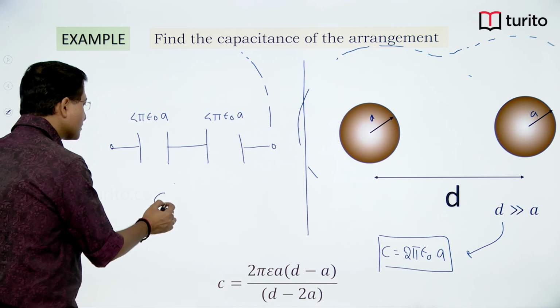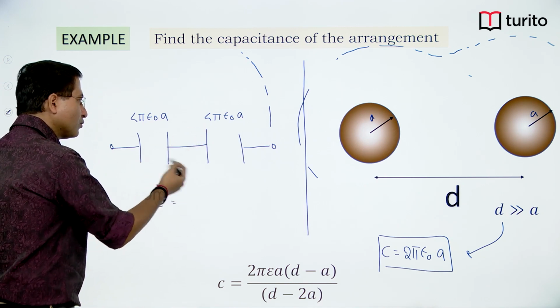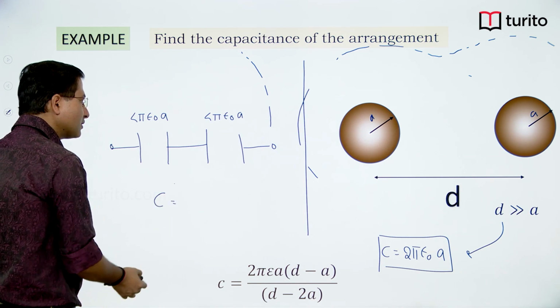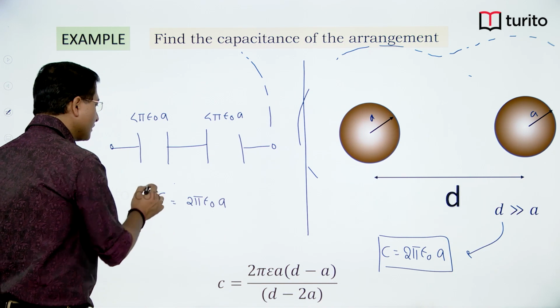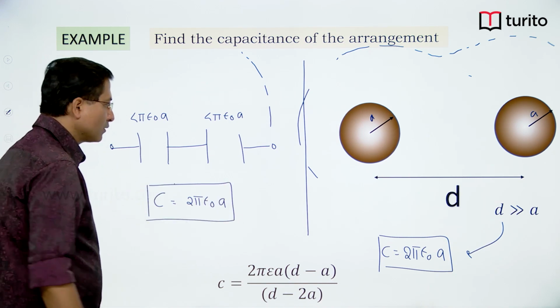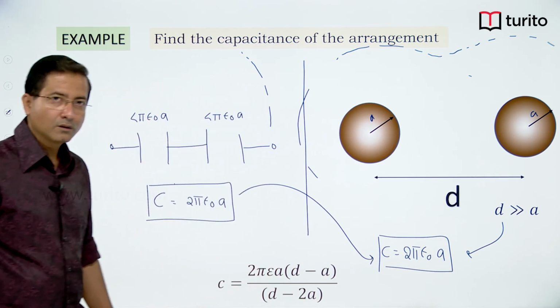That means its capacitance will become half of this, both are same, series combination, it will become half. So, it will become 2 pi epsilon naught A.